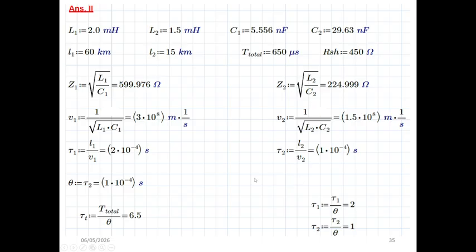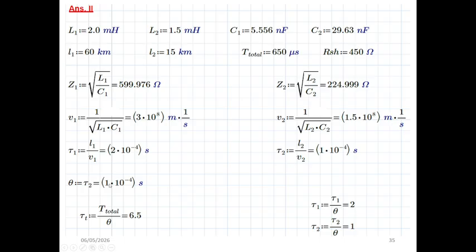So a base time step theta is then selected equal to the travel time of line 2, enabling normalization of this analysis. This leads to expressing the travel times as multiples of theta. So this one is the base time, and line 1 is 2 theta, because this is 2 times this one.